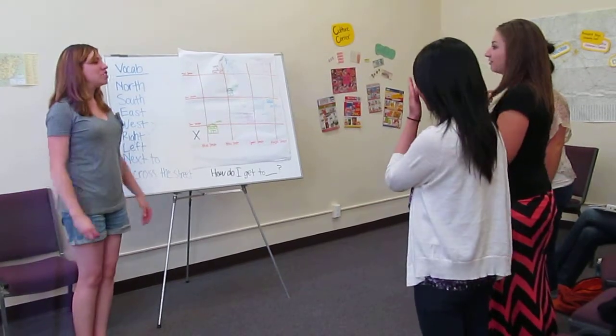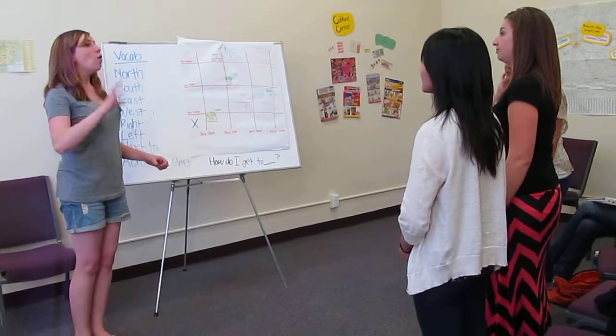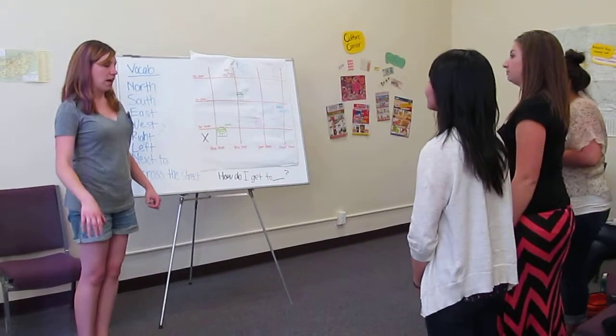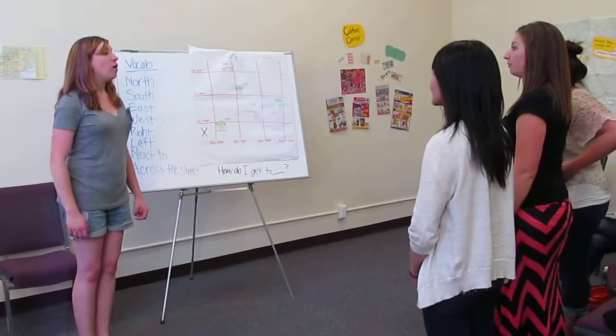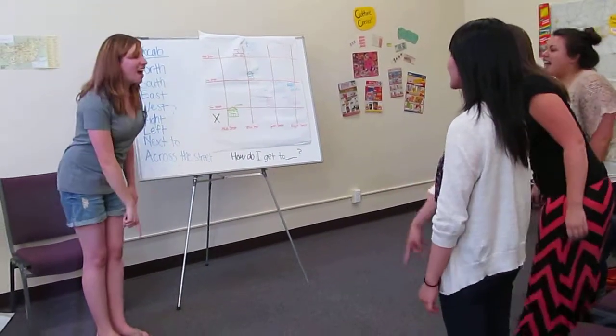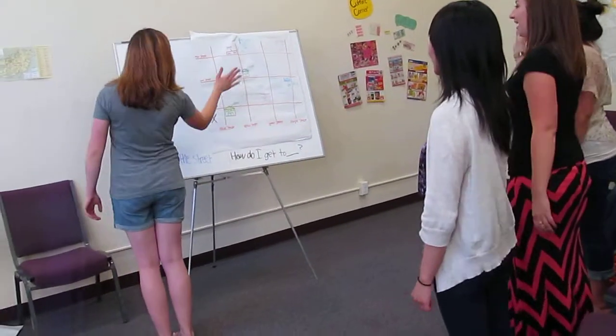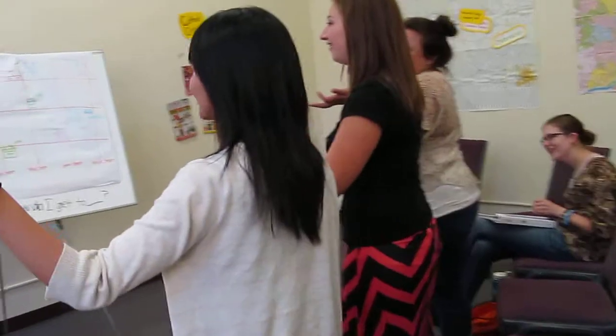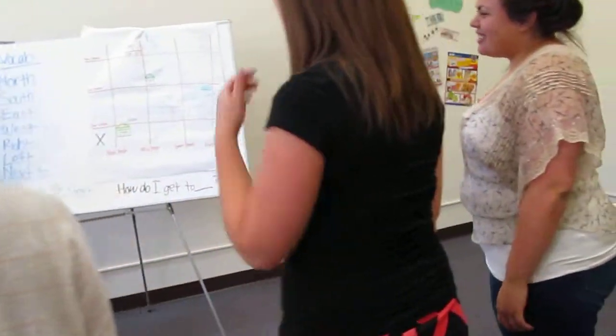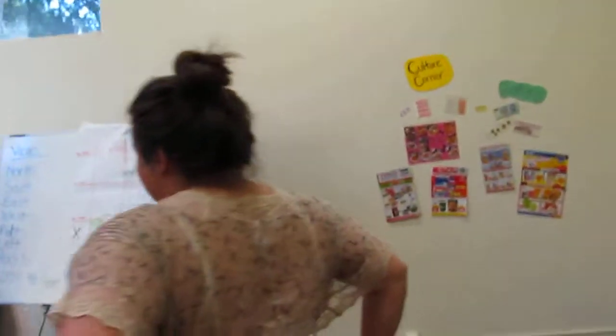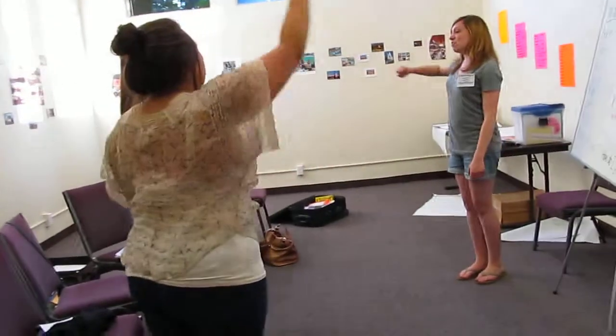Very good. Okay, let's try putting it together. We'll do one half at a time, okay? I want to go north, south, east, and west. I might turn right or take a left. Good. Let's do that part again. I want to go north, south, east, and west.